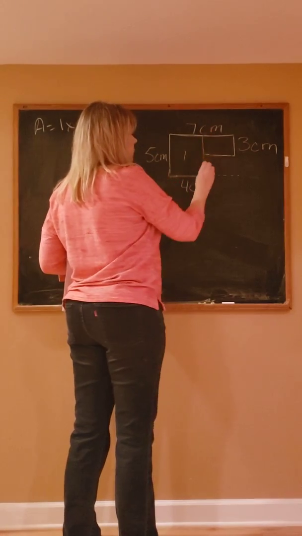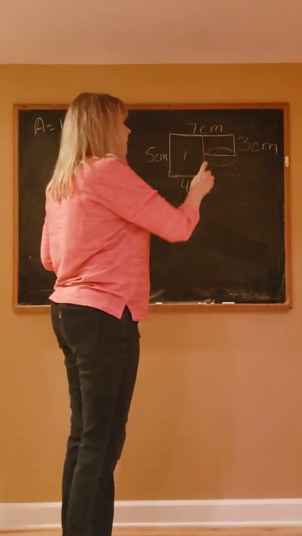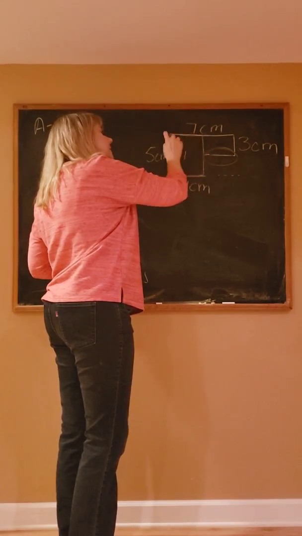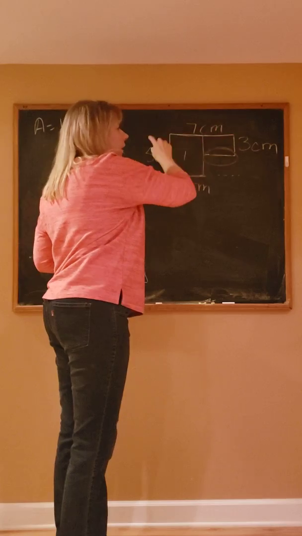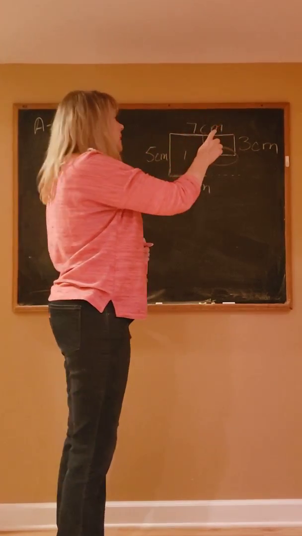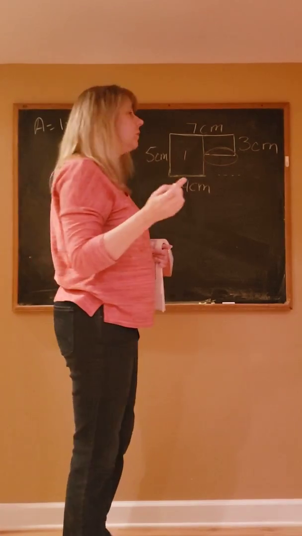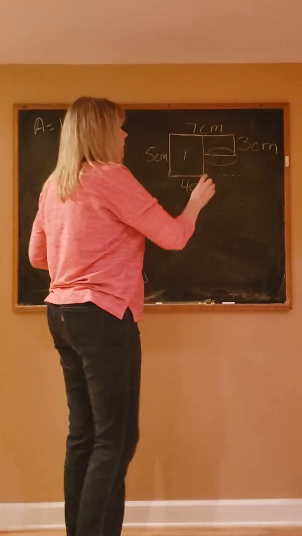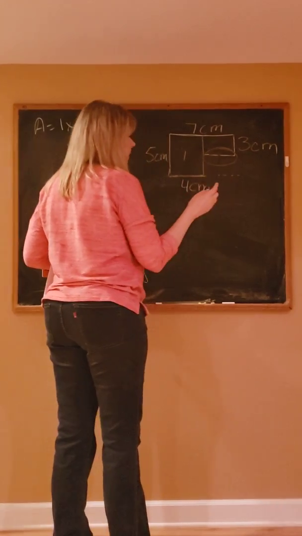In order to find out the length of the side here, I have to look at my top line, think about the total that I have in centimeters, and do a math problem. A little simple addition to figure out what this side is going to come out to be.